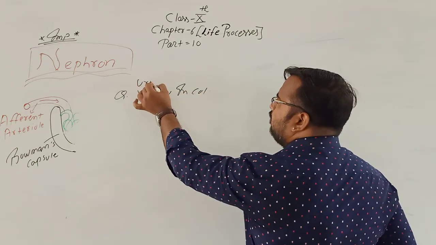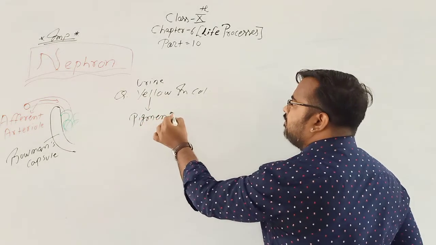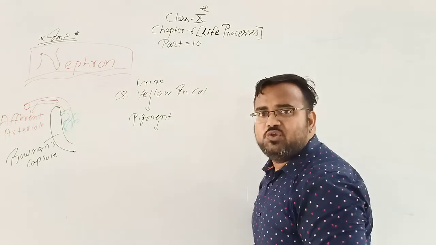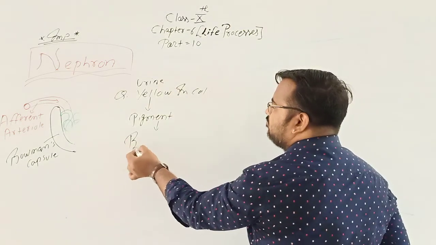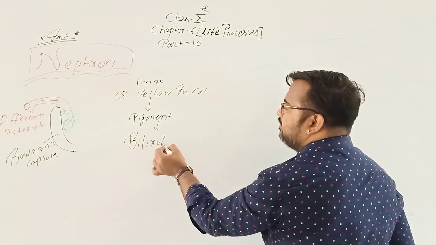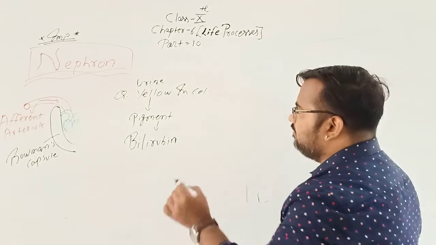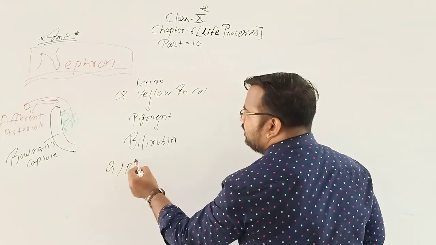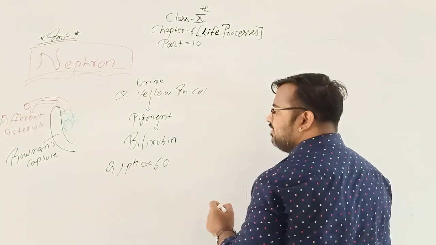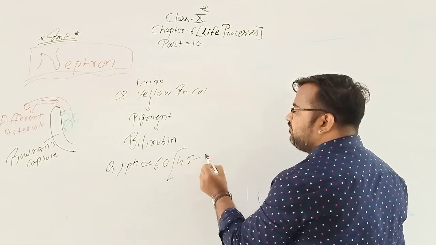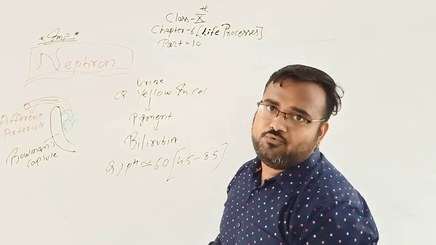Urine is yellow in color because of one pigment present in urine, and the name of that pigment is bilirubin. The pH of urine is almost 6, and it can vary from 4.5 to 8.5, depending on which type of food we eat.